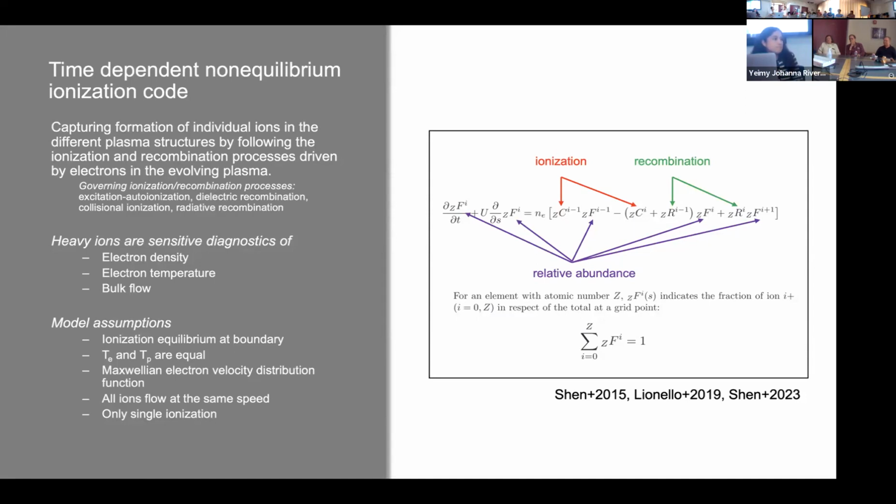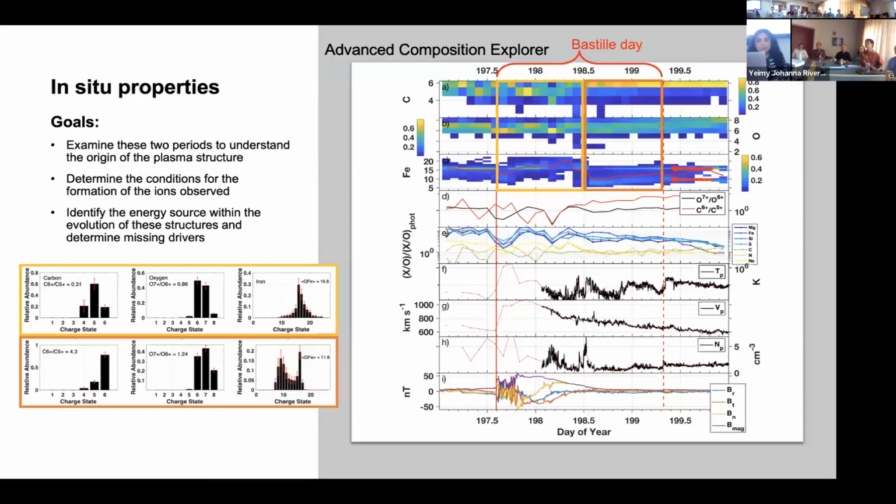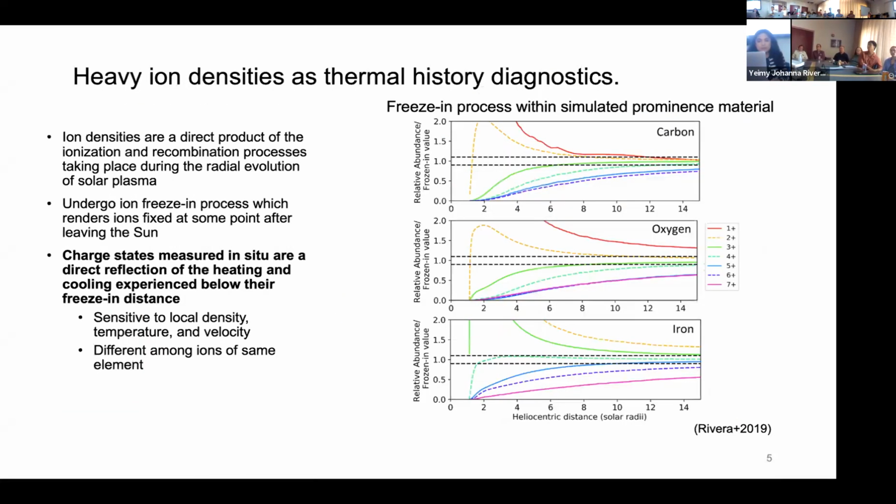So this is for an actual event, the 2019 paper. This is a very long, I think it's like a 400 kilometers per second CME.